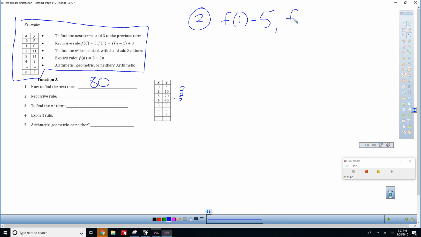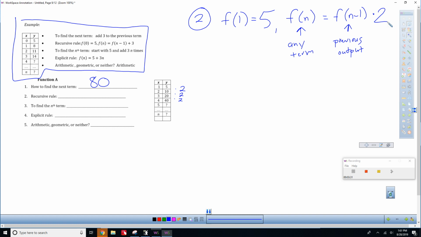To find any term, that's what f of n means, we take the previous output and what do we do to it? We multiply by 2. That is the recursive rule.